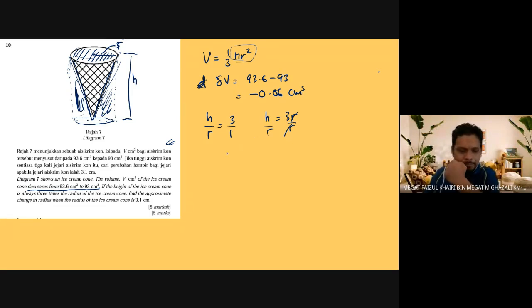Now delta V, which we rewrite as the change of volume with respect to the radius, dV/dr, times delta r, the change of the radius.